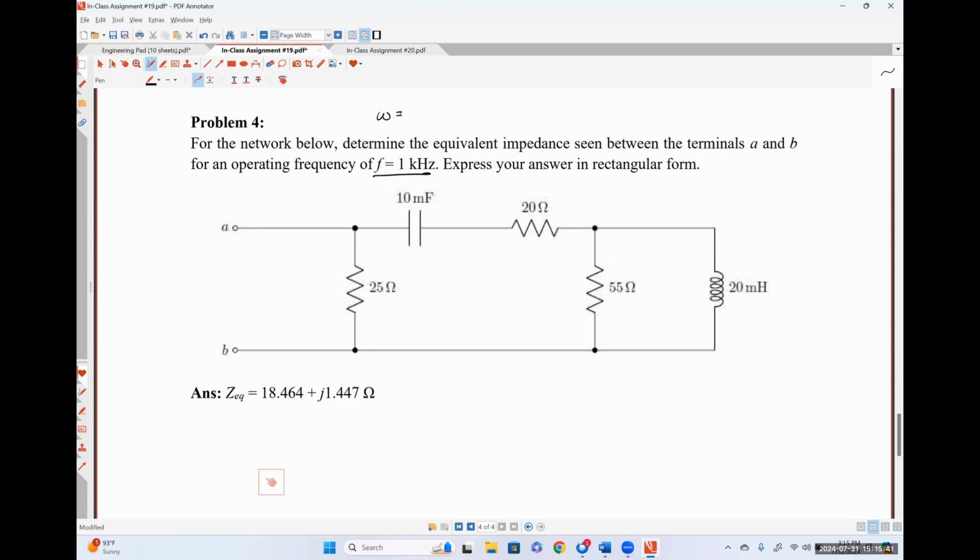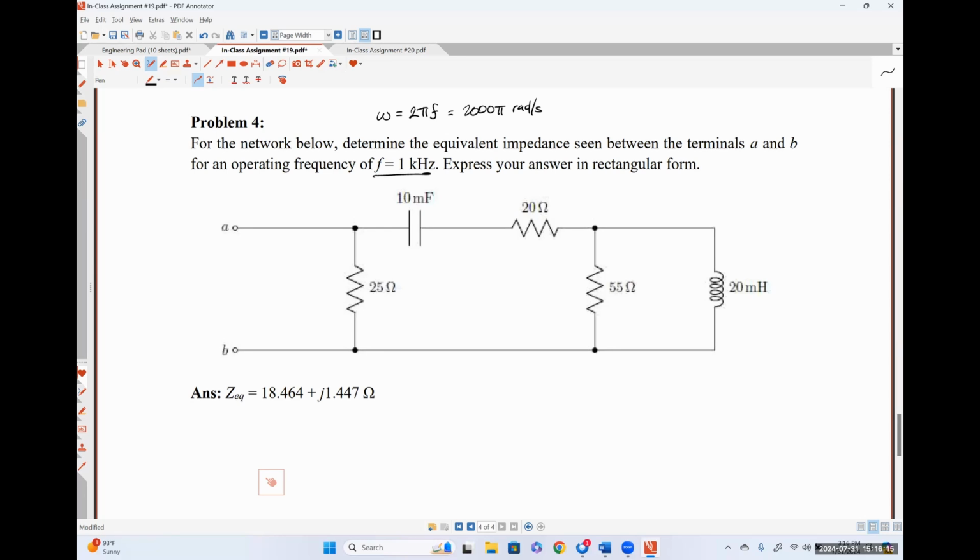I think it should be 2 pi of the frequency, so that'd be 2000 pi radians per second. Absolutely right. So we know what omega is now, because we know how to convert from linear frequency f into angular frequency omega, and it is just multiplying by a factor of 2 pi.